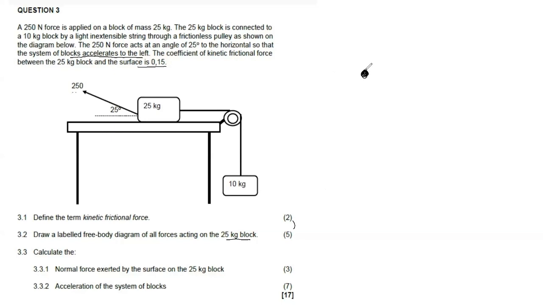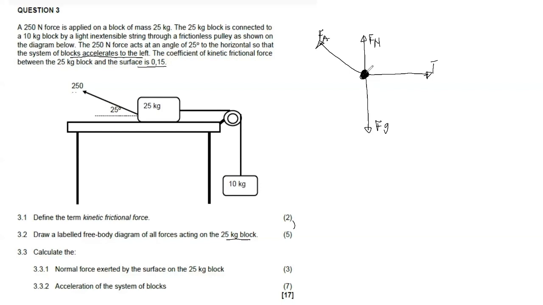So we do know that the dot represents our object there. And then going downward there, we always have our gravitational force, because every object on planet Earth will experience the gravitational force. Then here we have the normal force, and then to the side, that's where we have our tension, because we can see a rope there or a string. Then going to that direction, we have our applied force.